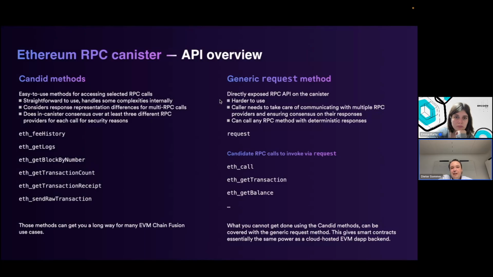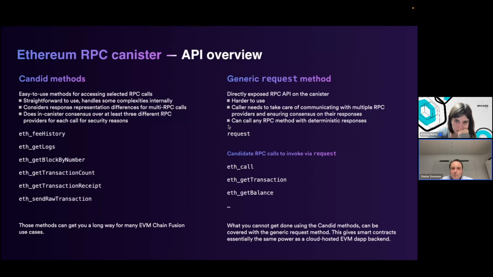You also need to manually account for differences in the canonicalization of the JSON responses and check whether the canonicalized responses of the different called RPC providers are the same. So you need to do more of the heavy lifting, which is done by the RPC canister on the left side, when you use the request method on the right side.